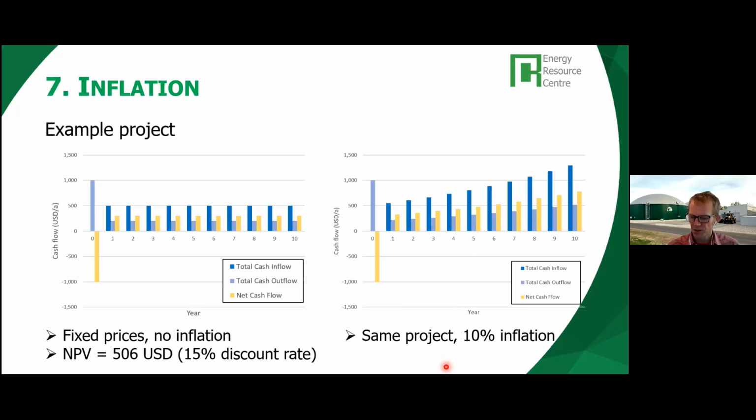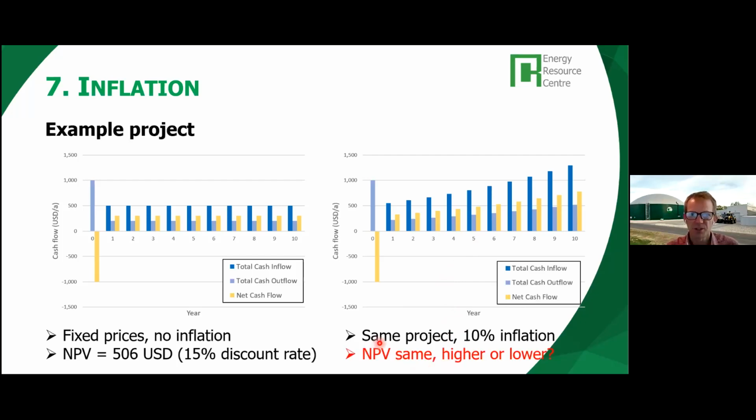The question is, what does this do to the net present value? Here we come to the final poll for today. That is my question to you. What happens to the net present value of this sample project when we add the 10% annual inflation rate to all of the prices?